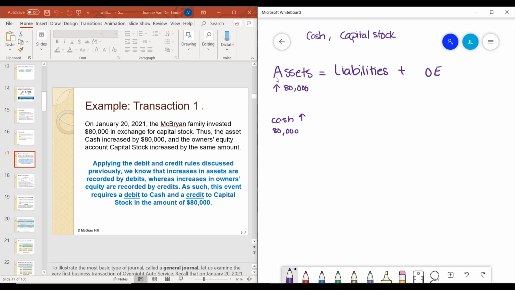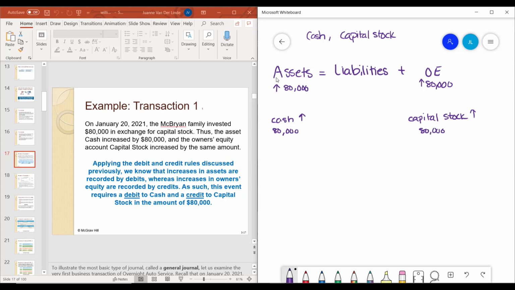And then how do we balance that? Well, it balances out with the other side under owner's equity. Owner's equity is also going up by $80,000, but specifically it's the capital stock account that's increasing in the amount of $80,000.